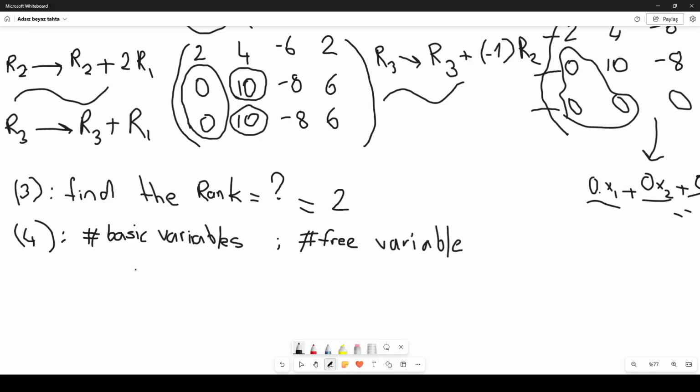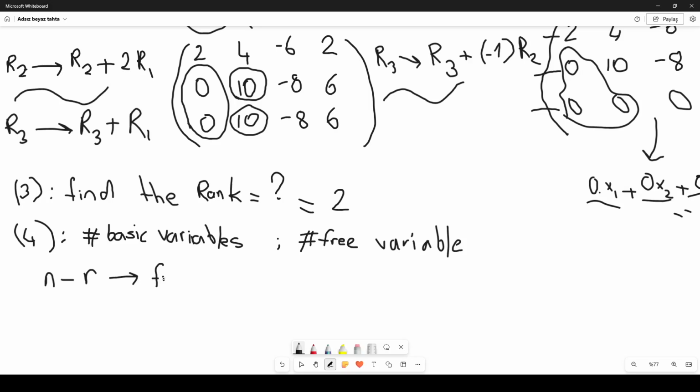And here's the formula that we would stick with. If the rank is 2 here, in the general formula we have n minus r free variables.